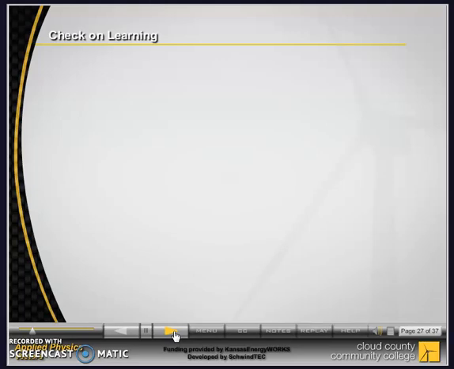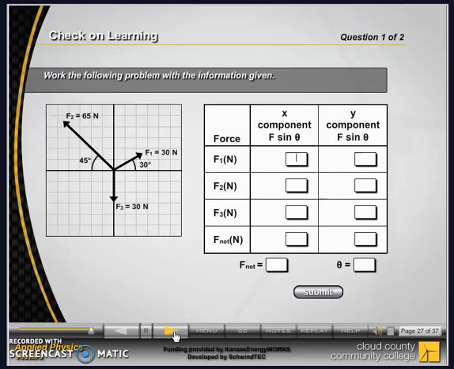Work the following problems by using common trigonometry relationships as demonstrated on the previous slides. 30 sine, 30 cosine, 45 sine, cosine.